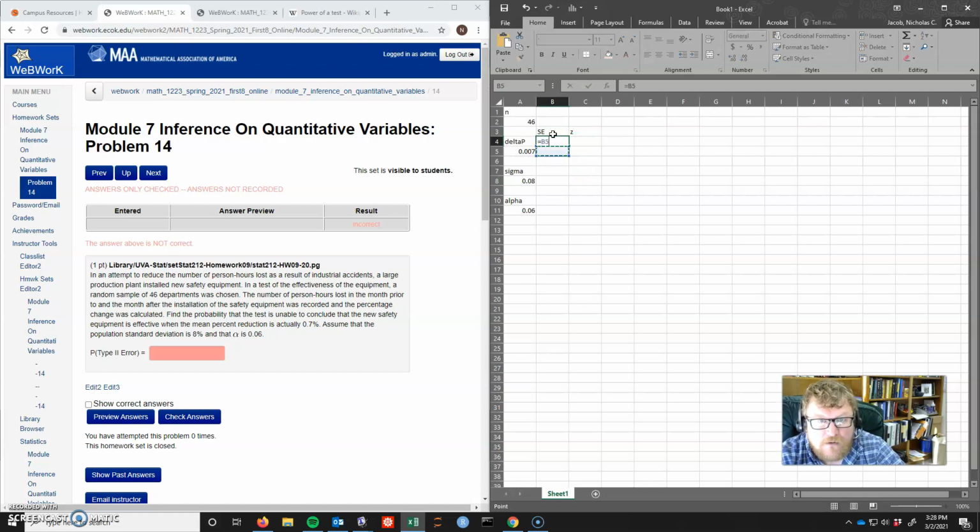To do the SE, I would do the sigma divided by the square root of the sample size. I'm going to need this a couple of times, so I might as well do it on its own. Then to get the z, you would do that change divided by the SE, and that would give me a z value.